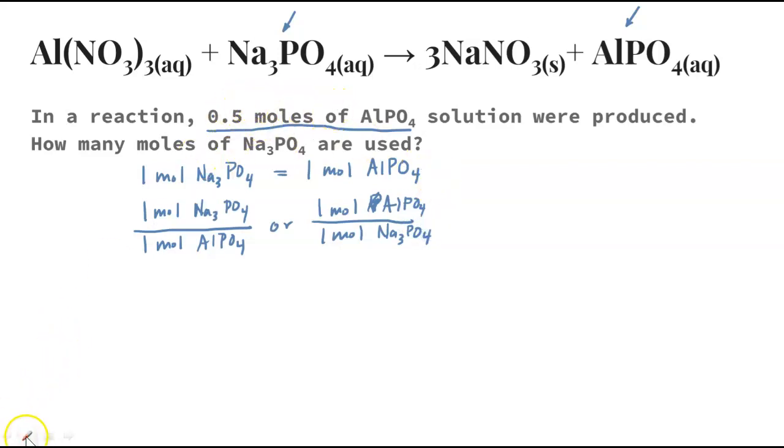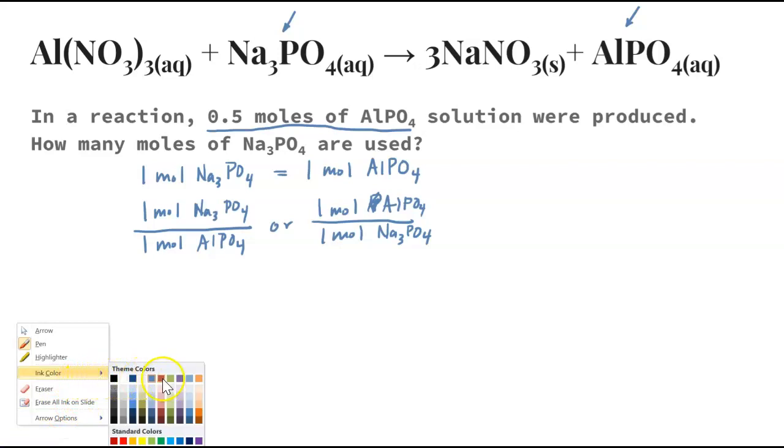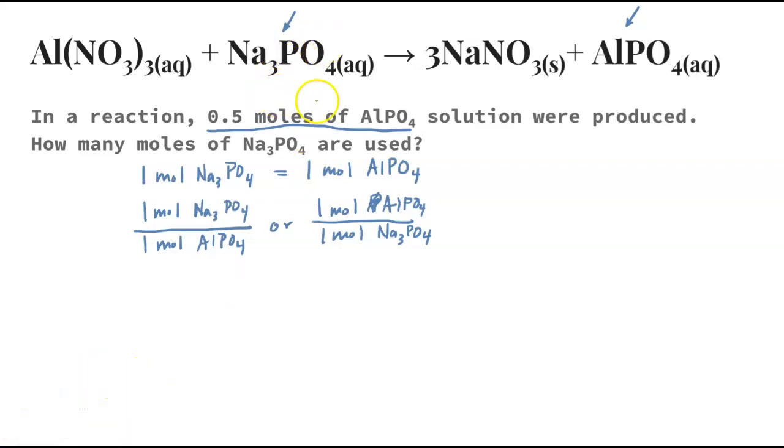Okay, so I'm going to set up the equation. The way that I do that is always start with what I'm given. So in this case, what I'm given is this value right here. So I'm going to go ahead and write that down. I have 0.5 moles of AlPO4. I'm going to times that by a conversion factor where I make certain that I can cancel these out.